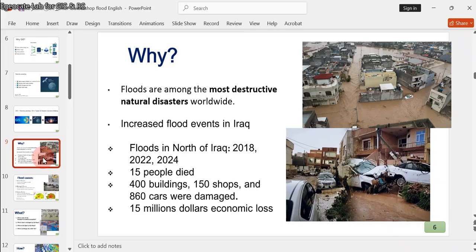More than 40 buildings, 150 shops, and 860 cars were damaged because of this flood, and it caused a $50 million economic loss. Only one flood, one simple flood, which caused damages and loss of lives, specifically in Erbil city.